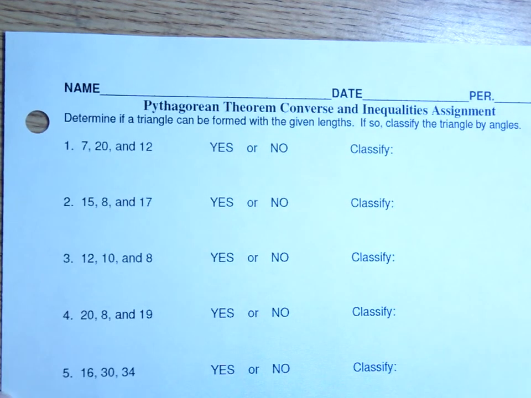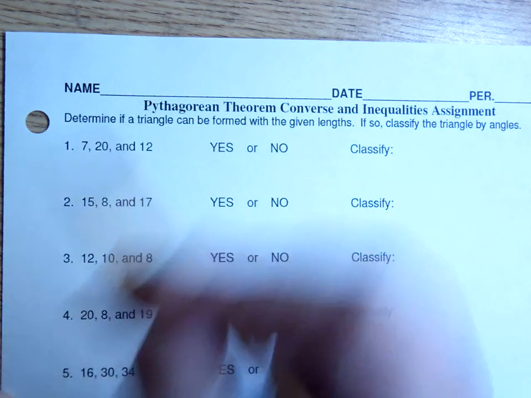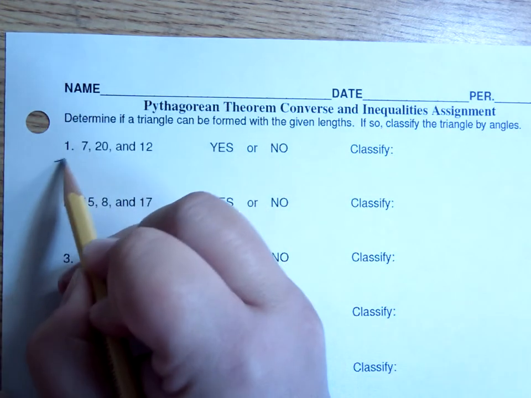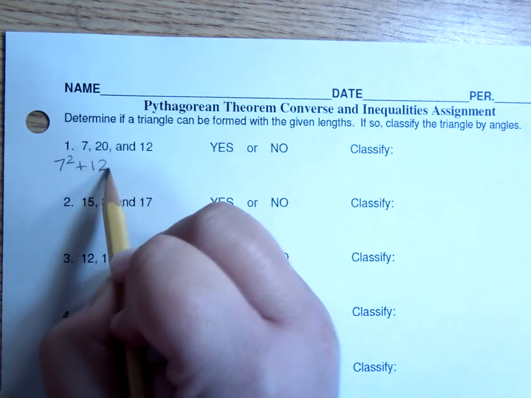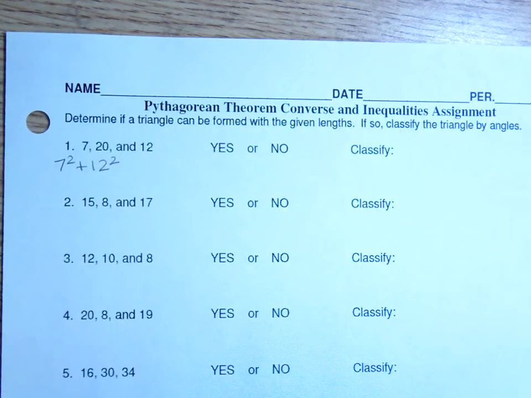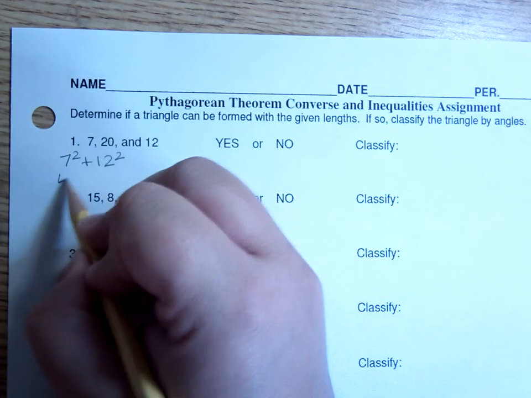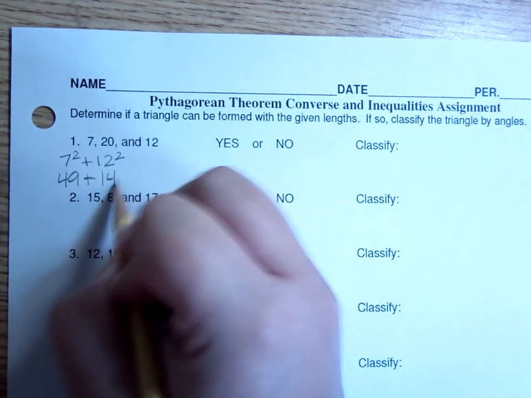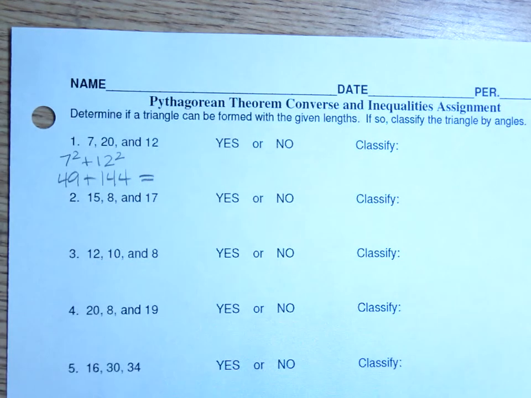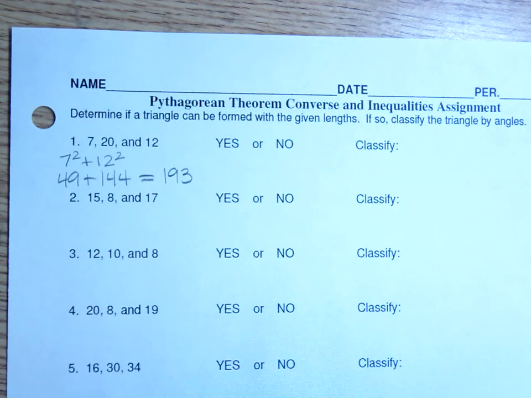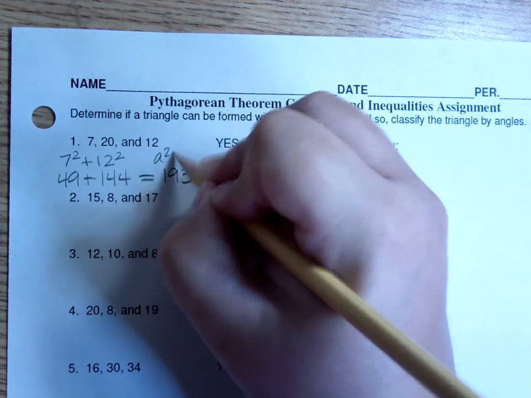What are the two smaller sides? 7 and 12. Notice they're not in order. So I'm going to do 7 squared plus 12 squared. This is my A squared plus B squared. So A squared plus B squared is 49 plus 144. I believe it's 193. Yeah, that's A squared plus B squared.